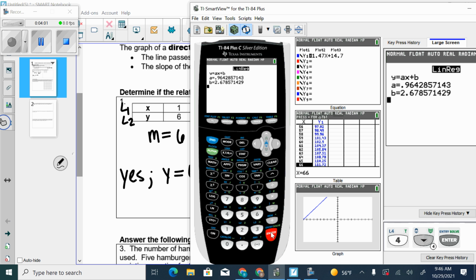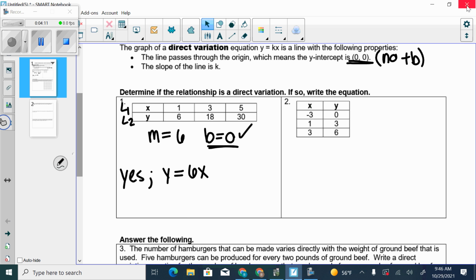All right, so we got some pretty long decimals here for both a and b. But our most important note here should be that b is not 0. All right, so I'll come back over here. Our m was approximately, we'll just go 3 decimal places, 0.964.